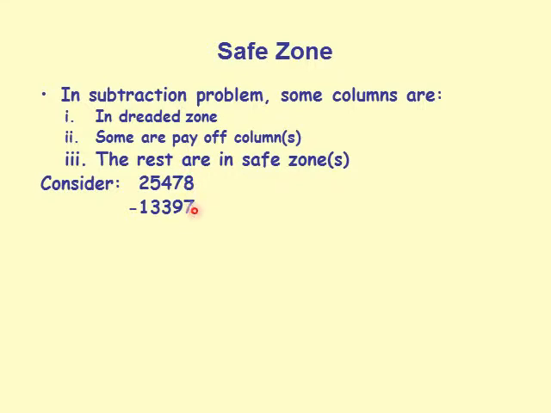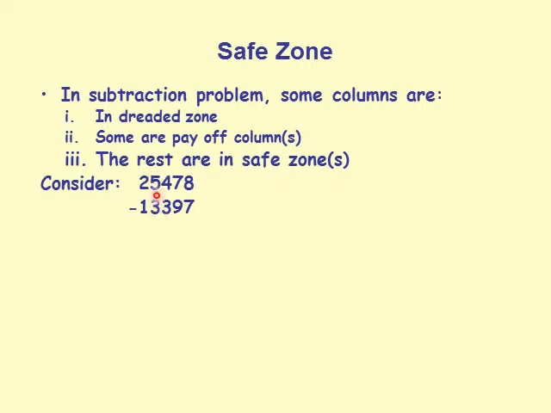Units place, 8 minus 7, surplus, nothing to the right to worry about, no right association, so it's a surplus column, it's safe. The tens column, 7 minus 9, is a deficient column, so it's in the dreaded zone. Let's move forward to the left. 4 minus 3 on the hundreds column is a surplus column, and it terminates the growth of the dreaded zone that started in the tens column. So 4 minus 3 in the hundreds column is a payoff column.